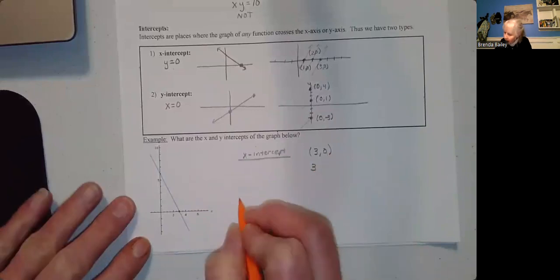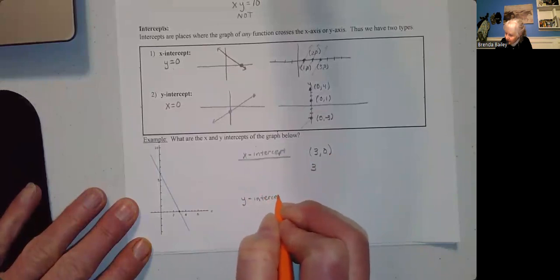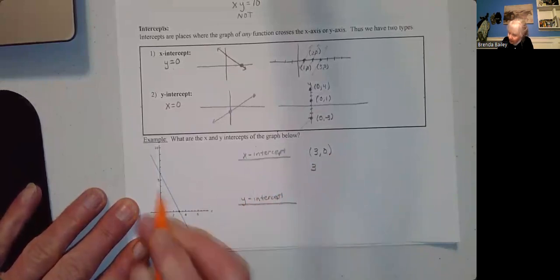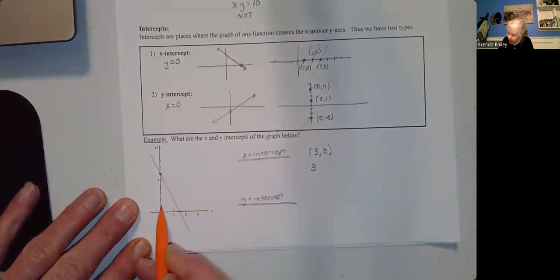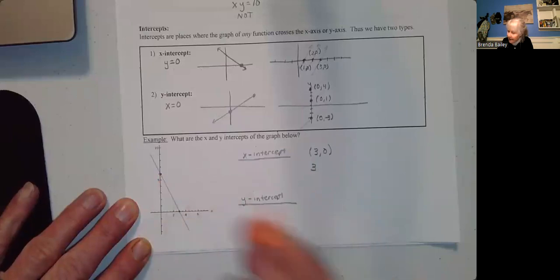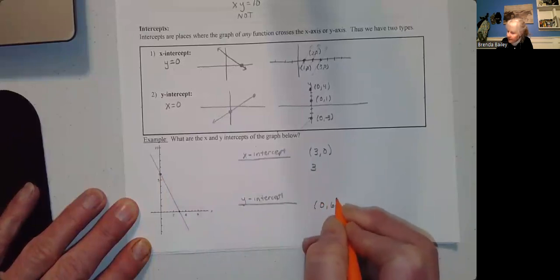Okay, now to find the y-intercept, it's where it hits the y-axis. All right, that would be here. It looks like 1, 2, 3, 4, 5, 6. So it's hitting the y-axis at 6. So how do you write that as an ordered pair? 0, 6.